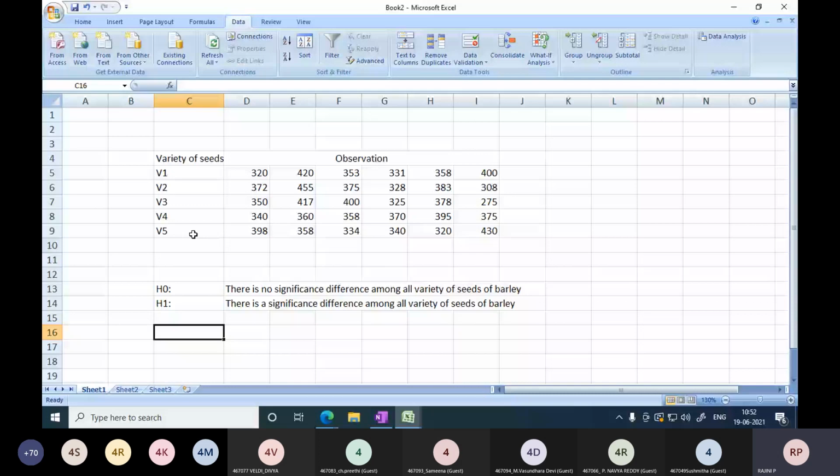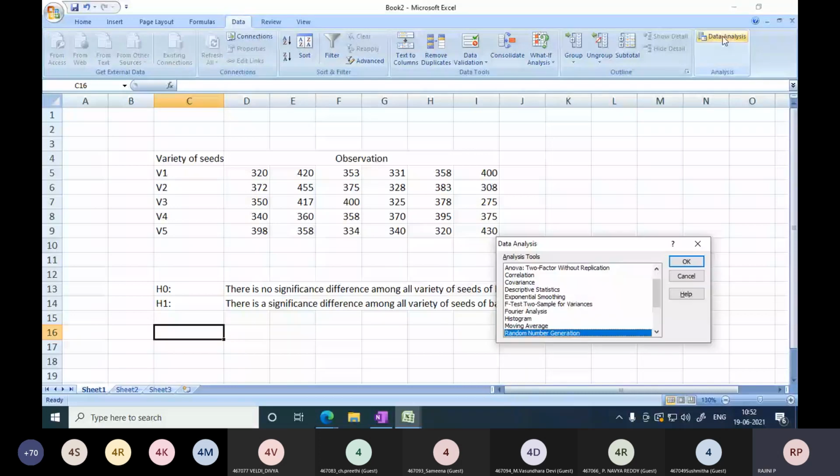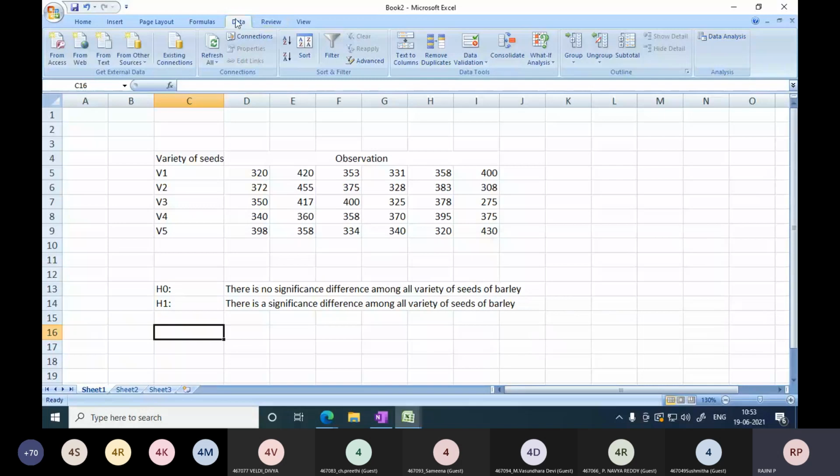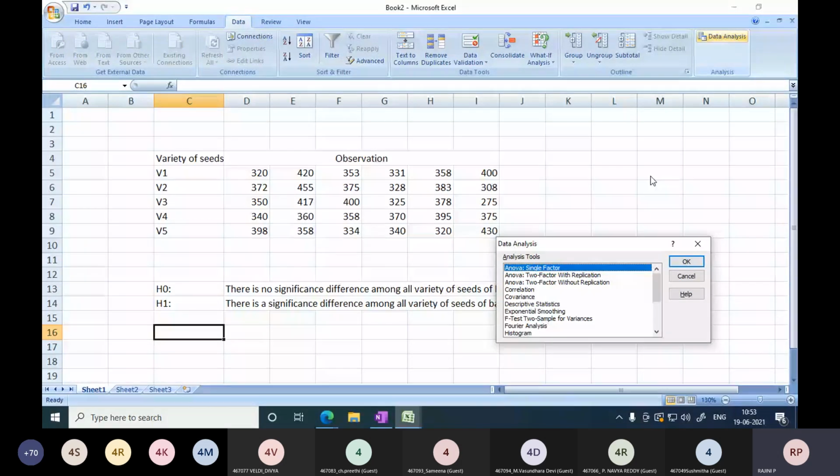Now go to the data and then move to data analysis. In that, can you see ANOVA single factor? ANOVA single factor means it is a one-way classification. Once again, go to the data, data analysis, ANOVA single factor.